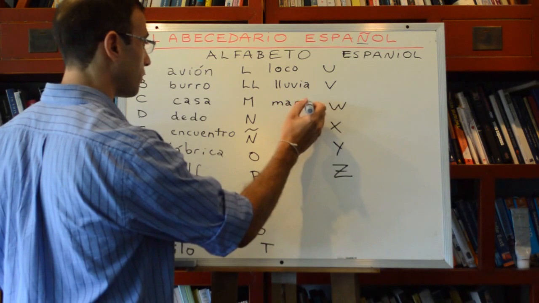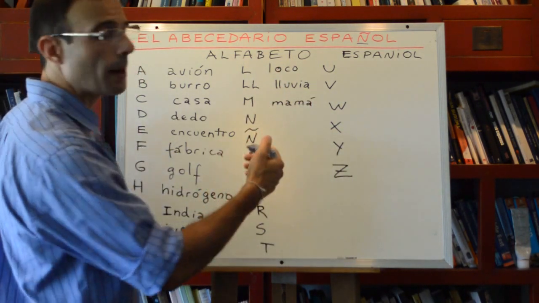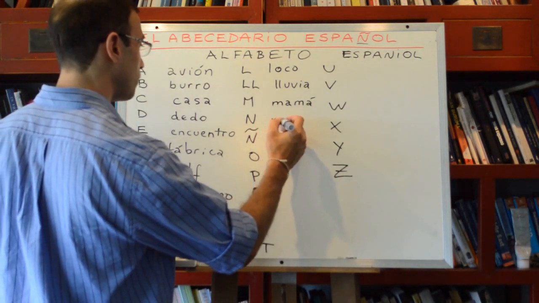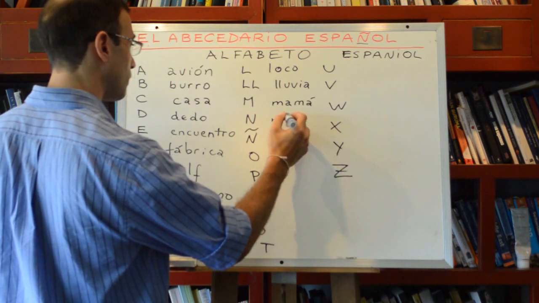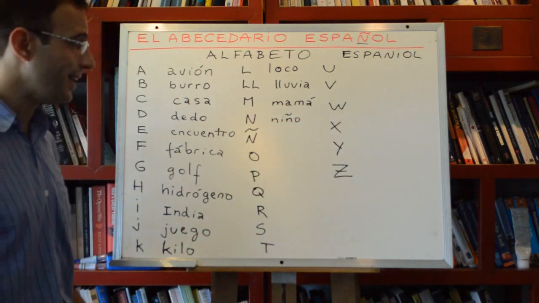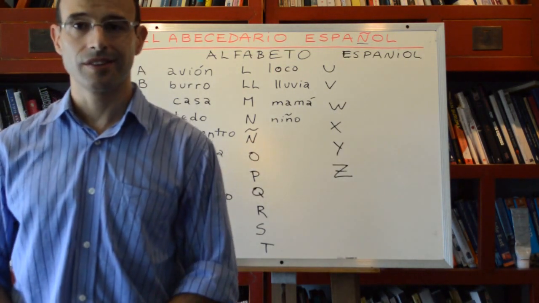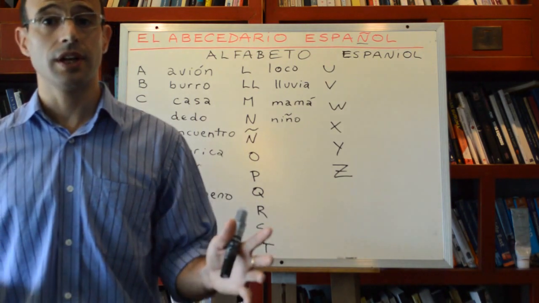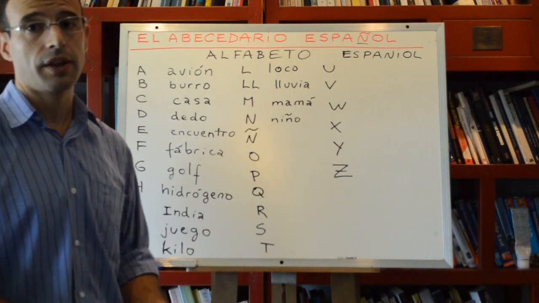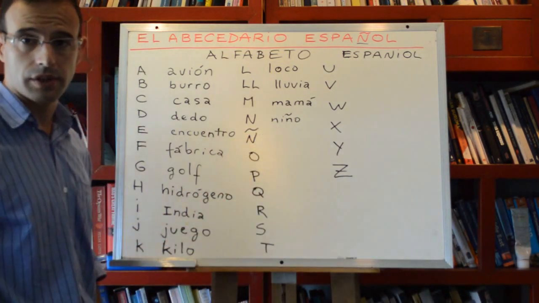Mamá, of course, okay? Mamá, for mom. Or madre, for mother. Niño, for boy. But niño also works for child. So child is the generic way for addressing either a boy or a girl, okay? Niño would also be child, generic.